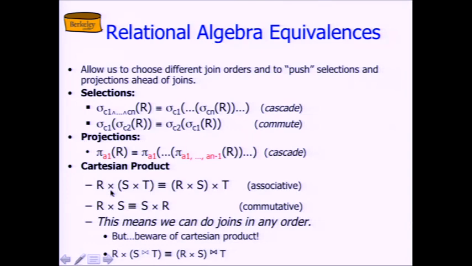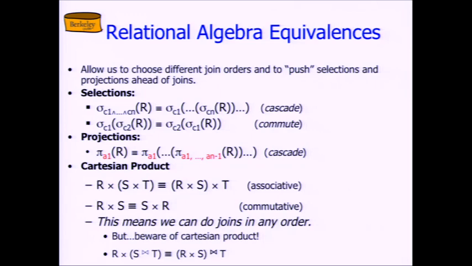So it's associative, which means R cross (S cross T) equals (R cross S) cross T. And let's draw that picture, because we'll look at a lot of plan trees later. It's good to have a visual sense of this.